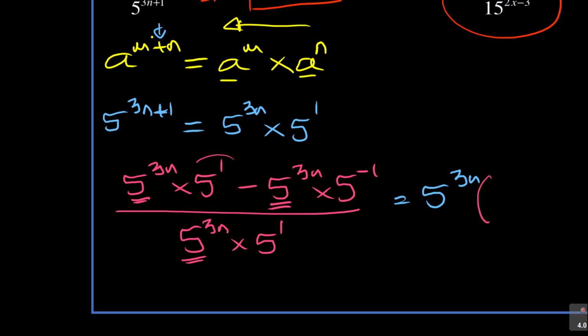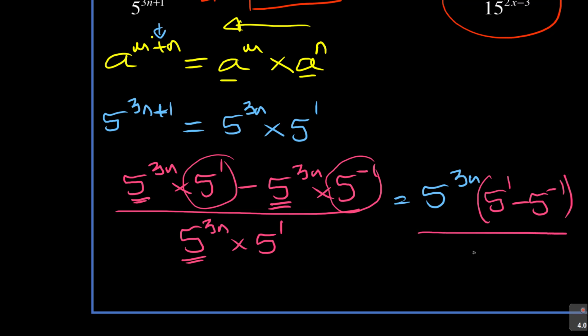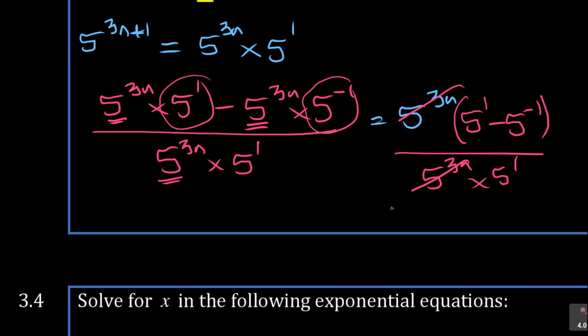Here this will remain: 5 to the power 1 minus 5 to the power negative 1, over, at the bottom you maintain as is, 5 to the 3n times 5 to the power of 1. Why? That's why you're factorizing, so that this can now cancel out. That is the main reason for doing that. Are you with me?